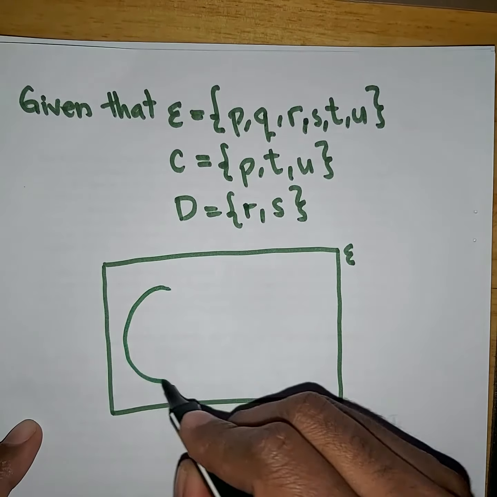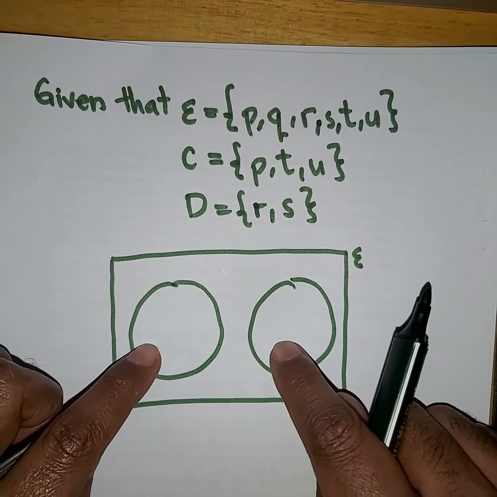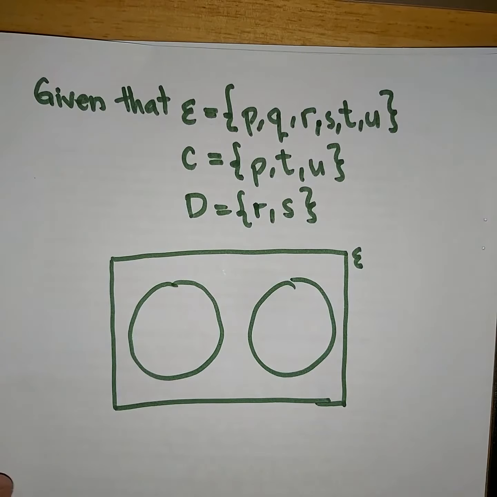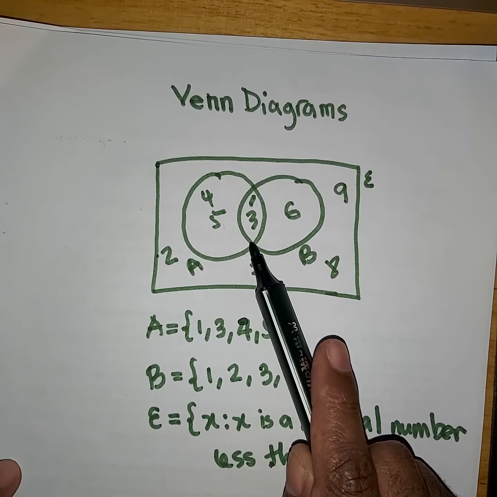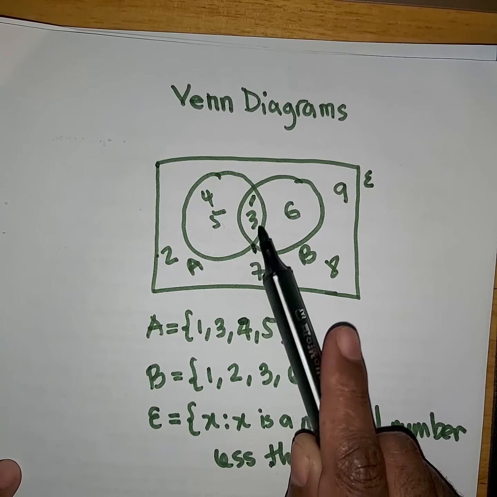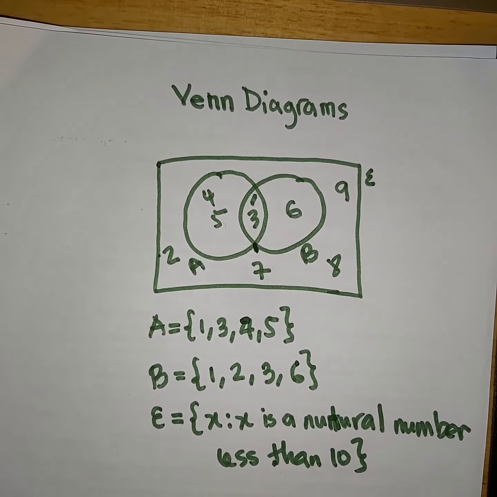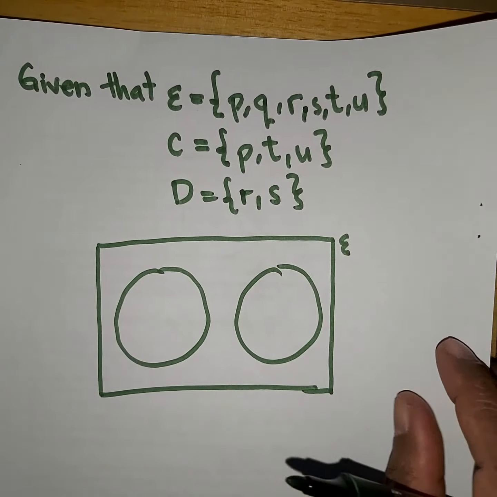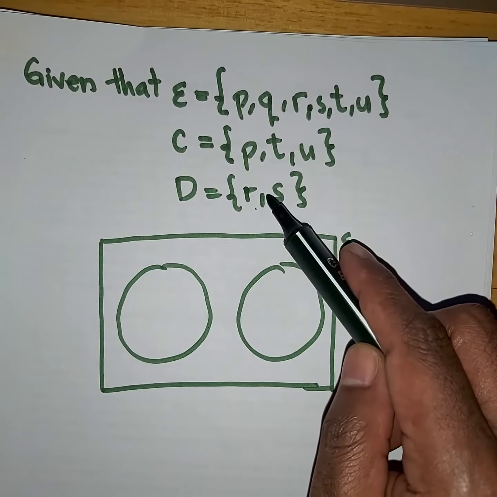That means the intersection of the two sets. In the previous example, you had intersection and common elements. Here, there are no common elements.